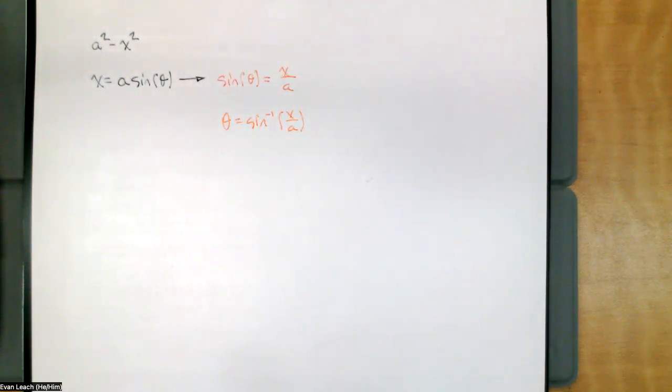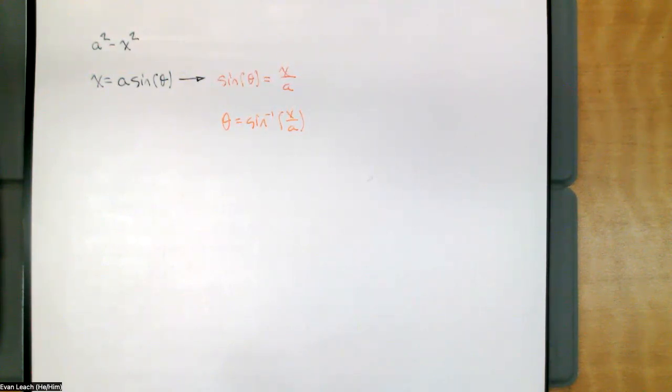So if we get a theta, we can just replace theta with sine inverse of x over a. Now, if you also remember, in our cosine squared, we had sine theta and cosine theta. If we see sine theta, we can just replace that with x over a. What we are 100% not going to do is write cosine of sine inverse of x over a.